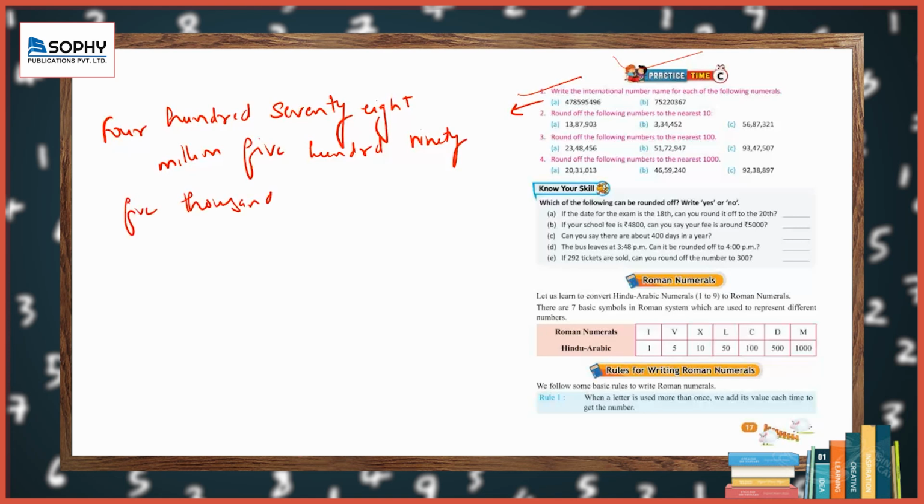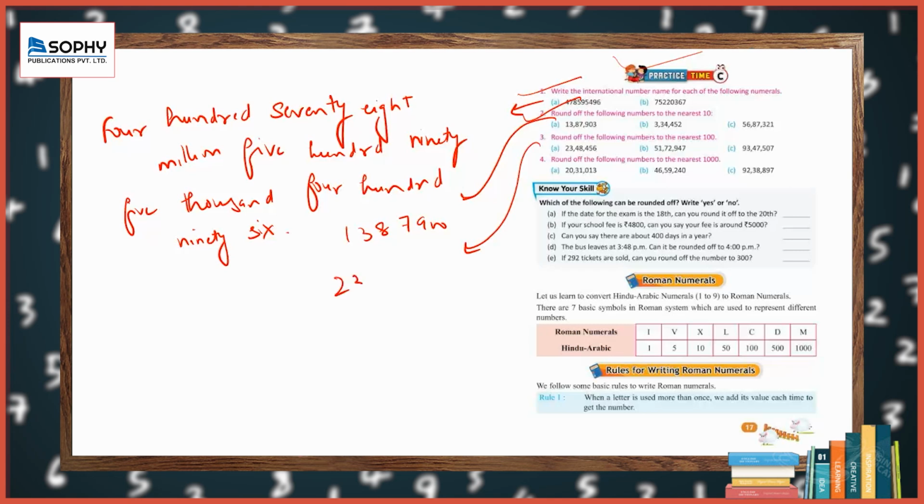Very good, students. 496. In the next one, we have to round it off to the nearest 10. So it will be, very good, students, that is 1387900. In the next one, we have to round it off to the nearest 100. So it will be 2348500. Nearest 1000, it will become, very good, students, that is 2,031,000.